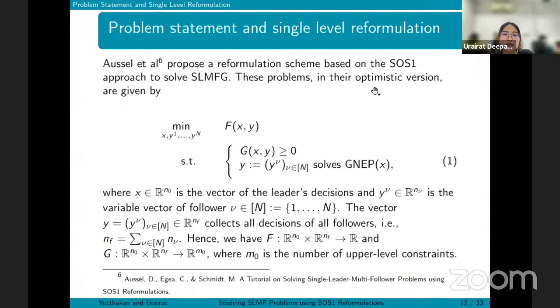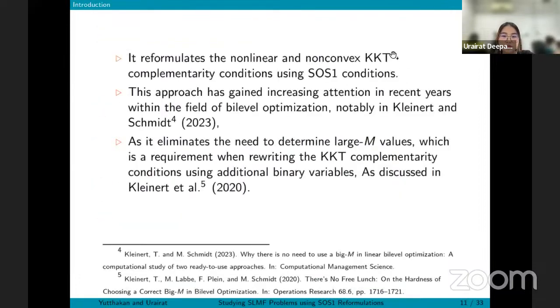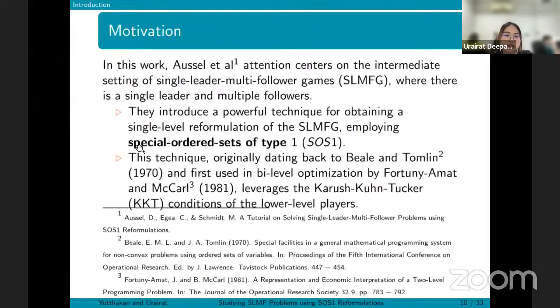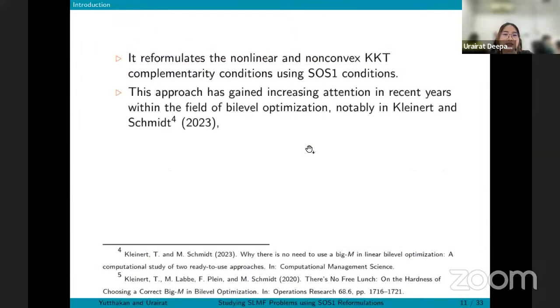Axel proposed the SOS1, special ordered set of type 1, and after that we call it SOS1.